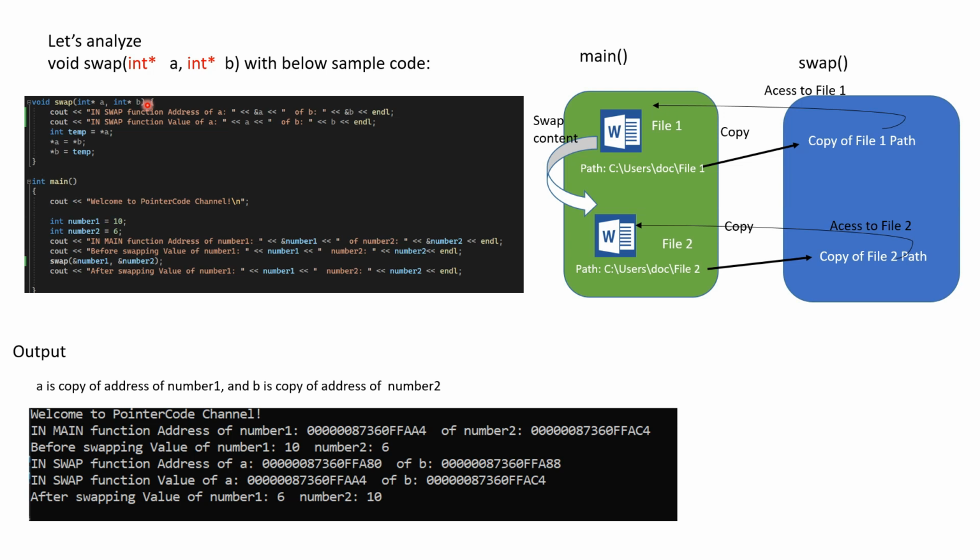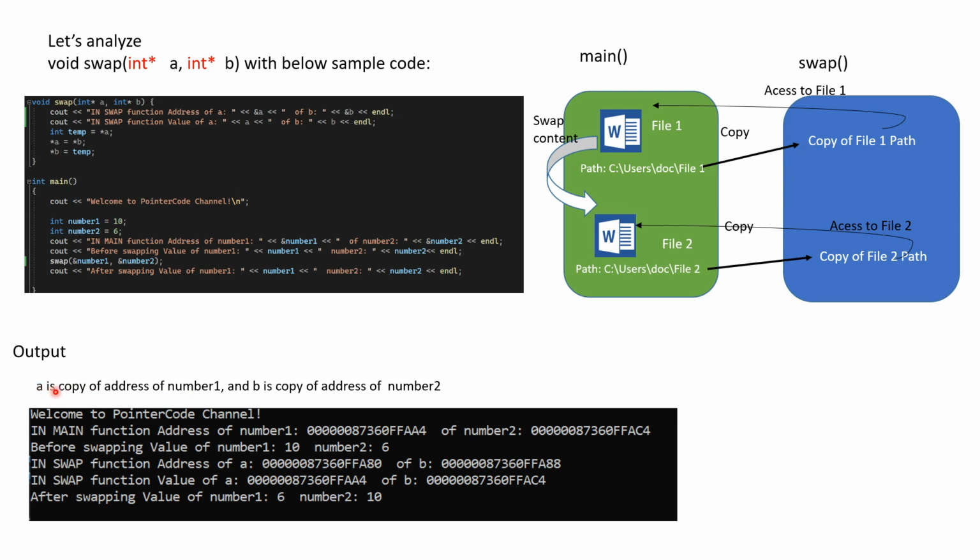So the mechanism is absolutely the same as pass by copy of a value, but with one important difference: in this case it copies a file path, or it copies a variable address. When we have a copy of the addresses of number 1 and number 2, we can easily change, update or get the value.